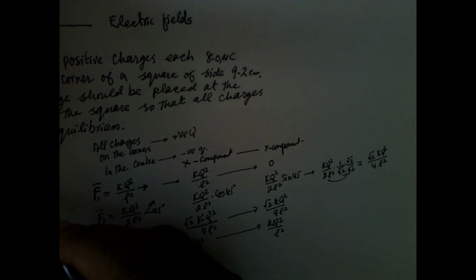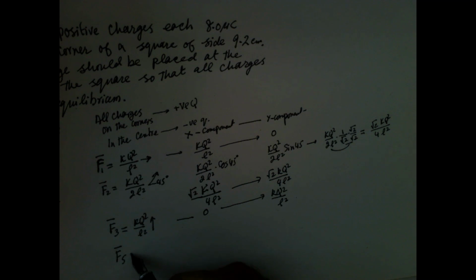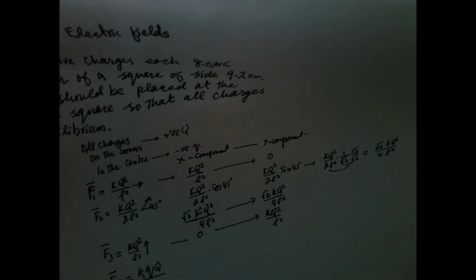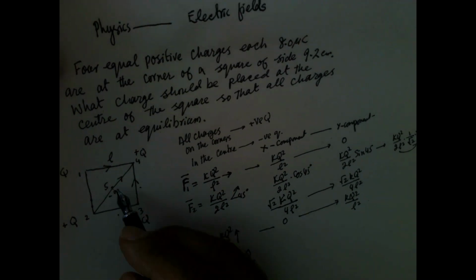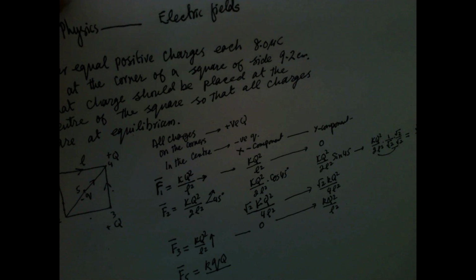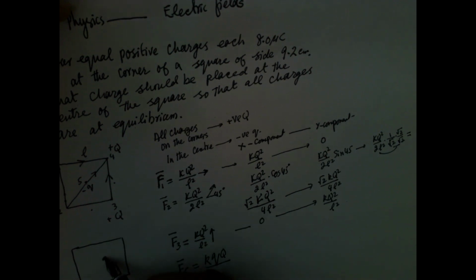And the last one, F5. F5 is k, small q, capital Q over the distance squared. The distance is this one, x.